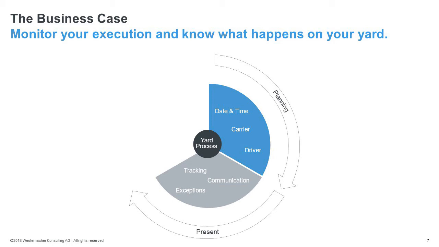And then we also have some exceptions. In the best case, everything runs smoothly on the yard, but in some cases I might have exceptions. This means I need to take action when I see those exceptions. This could be that my truck is late, or my yard task did not execute in the right way. So I need to make sure that I have all my follow-up actions planned.